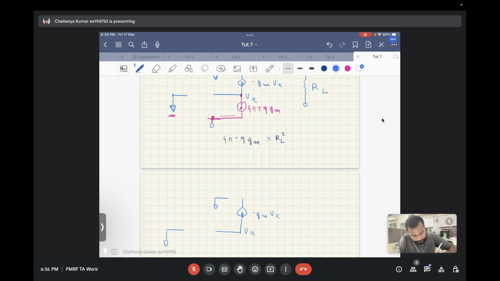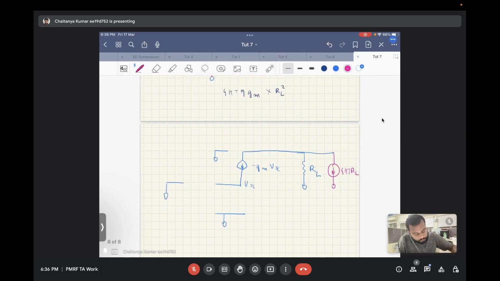This is minus Gm times Vx. Here is RL. Here is the noise source, 4 kT times RL.